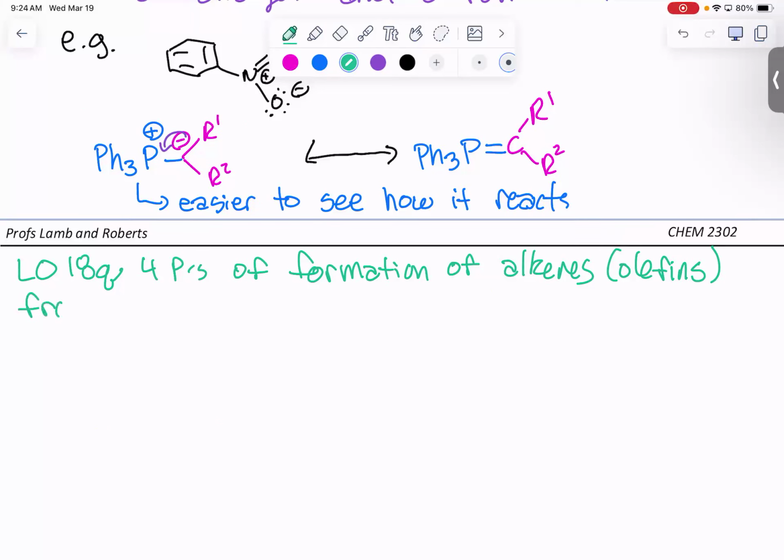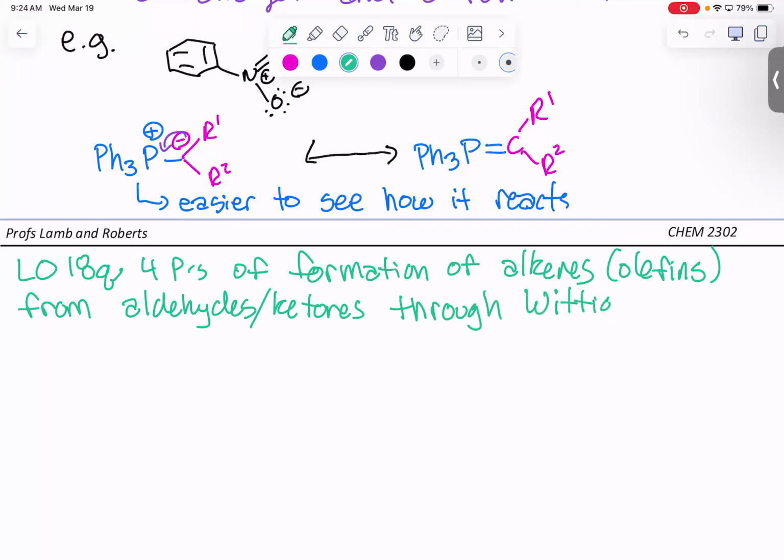And this is going to be from aldehydes and ketones through Wittig olefination. All right, so we just call this a Wittig reaction typically, but we'll call it an olefination reaction.